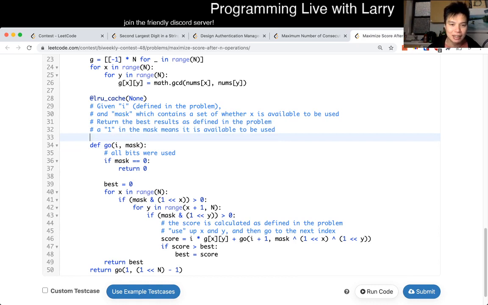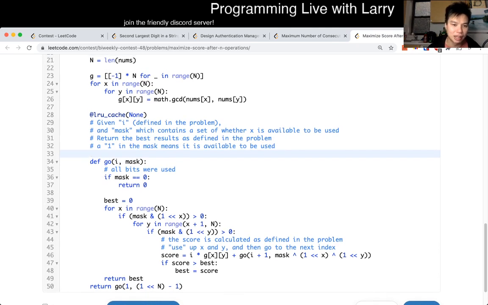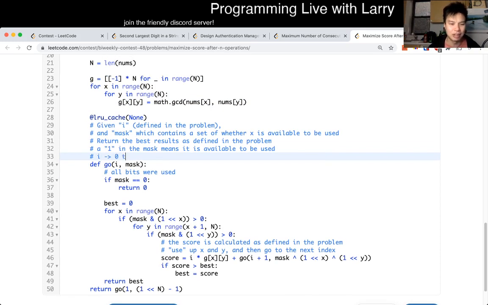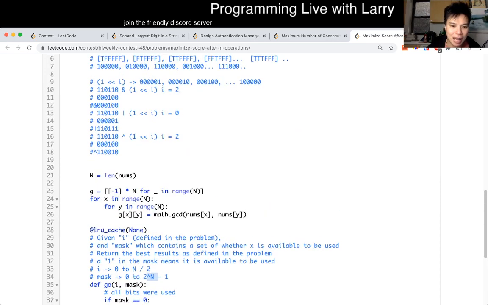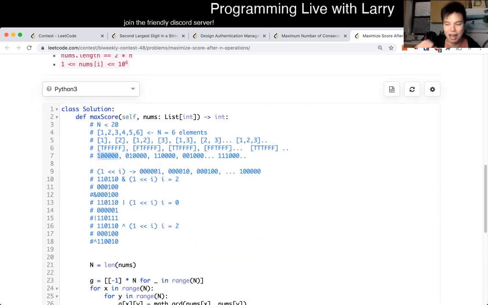For space analysis, well, this is going to be n squared. That's fine, because it's going to be dominated by this part. i can be from 0 to n over 2, and mask can be from 0 to 2 to the n minus 1, and you can think about the bit mask. It has n digits.